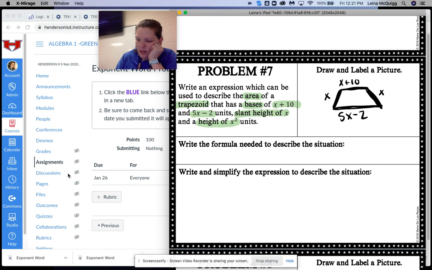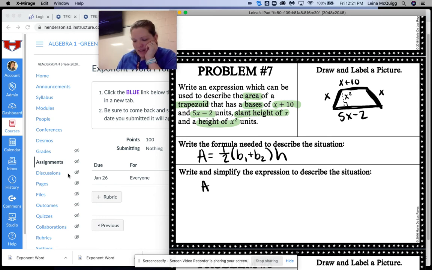And then we have a height. We're going to use this little dashed line right here and say this is a right angle, and our height is represented by x squared. So the area of a trapezoid is 1/2 times base 1 plus base 2, times the height.